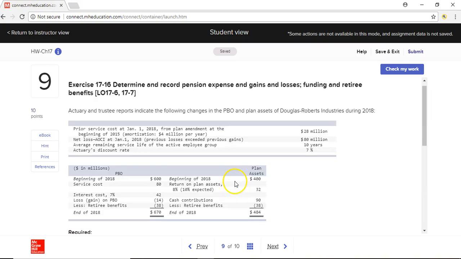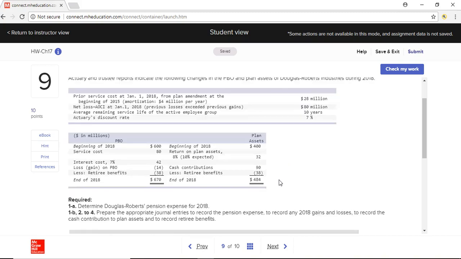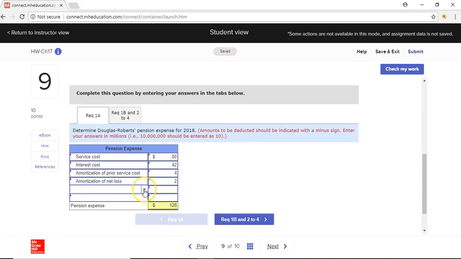And finally, we will reduce pension expense by the expected return on plan assets. Expected rate of return is 10%. So 10% multiplied by 400, $40 million will be used to reduce our pension expense.